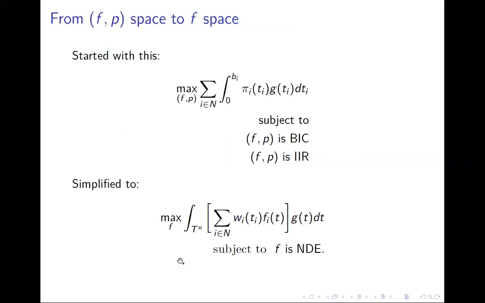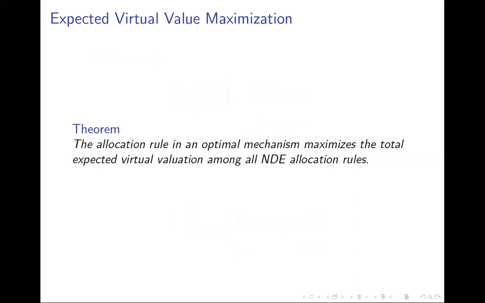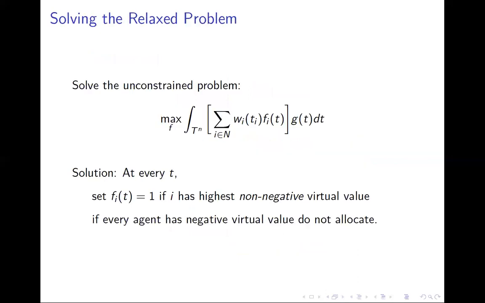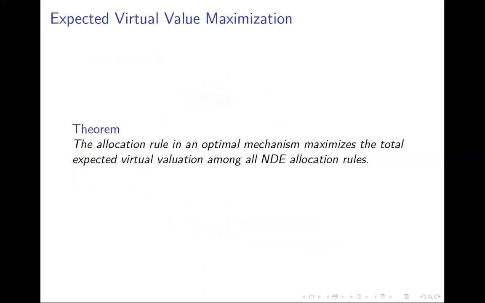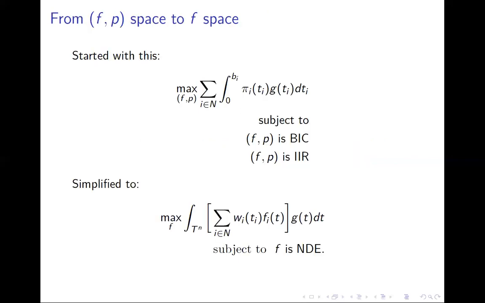So I choose an F which maximizes the expected virtual valuation subject to F being non-decreasing in expectation. Okay, so so far I have just reduced the optimization problem to an optimization problem over F.